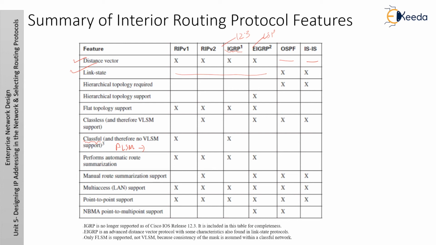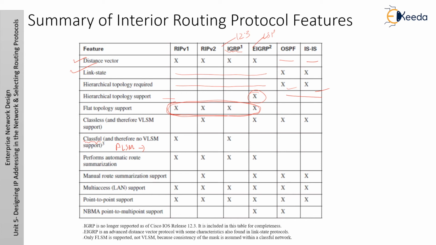Similarly, hierarchical topology requires OSPF and ISIS. Hierarchical topology supports EIGRP. Flat topology supports distance vector protocols only, like RIP version 1, 2, IGRP and EIGRP.